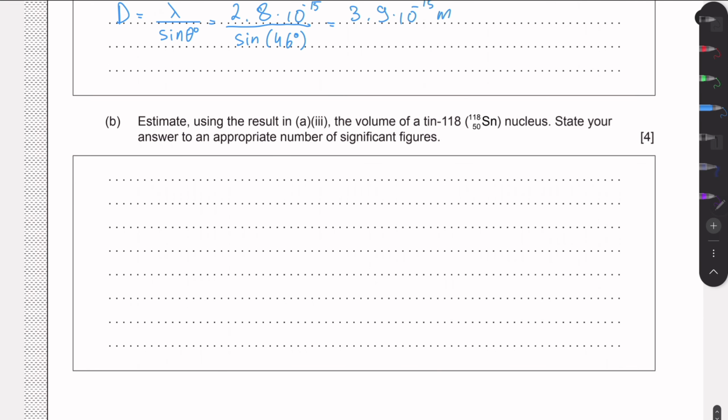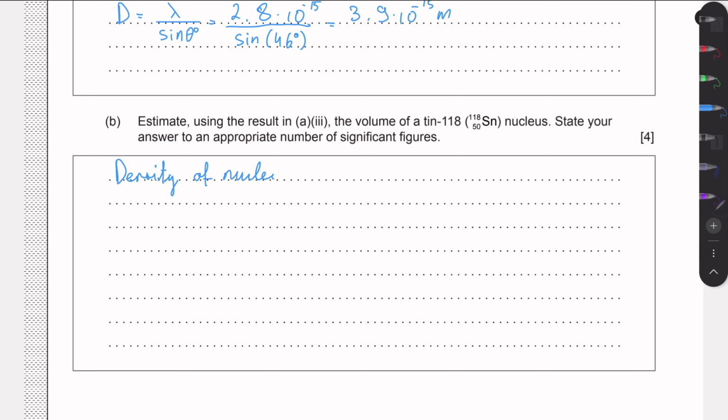And then the final question in this paper, we need to estimate, using this previous result, the volume of a tin nucleus, and we need to state our answer to an appropriate number of significant figures. So the fact that we need to use here, what we should remember, is that the density of nuclei is approximately constant.